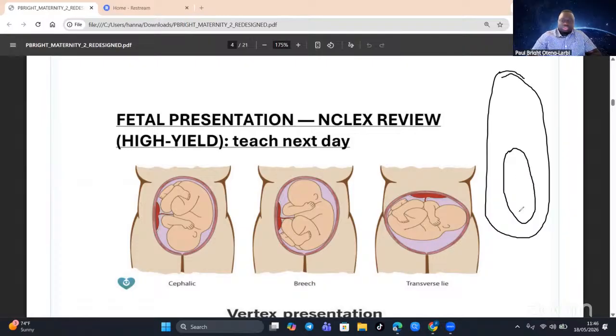Okay. So whether it is your head that is coming or your leg, whichever way, once you are in that straight line, you are in horizontal presentation. Then we have the vertical presentation. Okay. Yes. So let's go down.